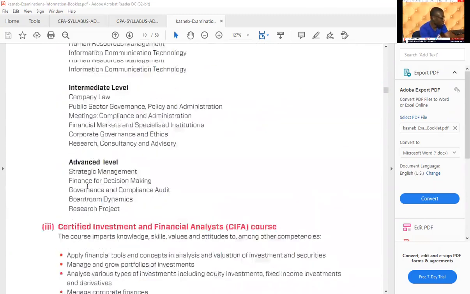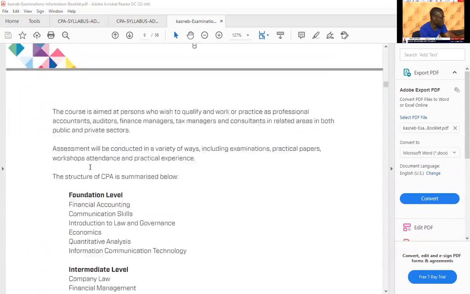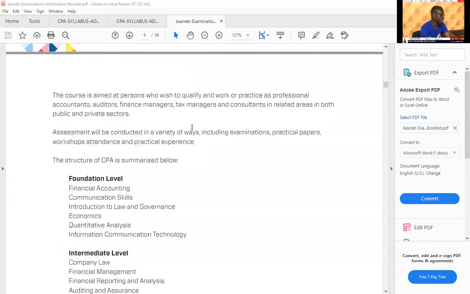So specifically on CPA, Certified Public Accountants, we'll be having, like we used to have before, part 1, part 2, and part 3.